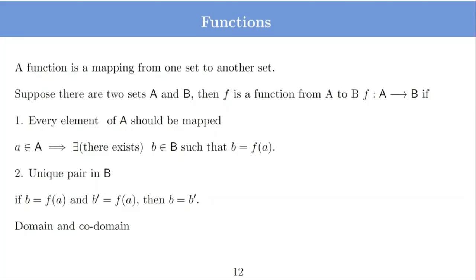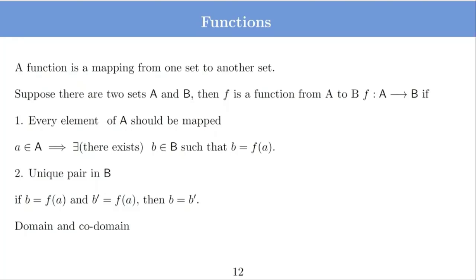So here the first statement is that small a is an element of capital A. It means if there is an a which is an element of capital A, then there should be a b in capital B such that b = f(a), meaning b is the map of a under this function.